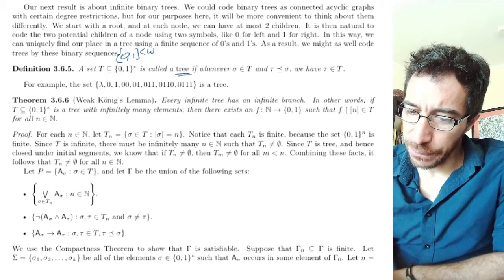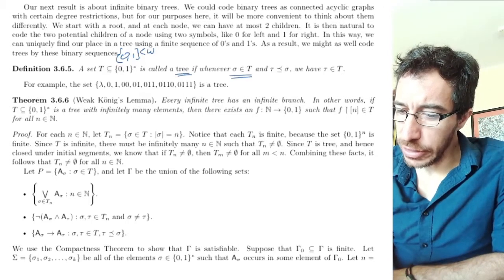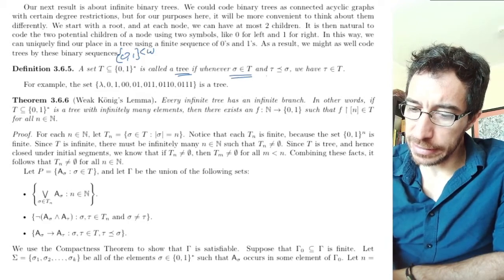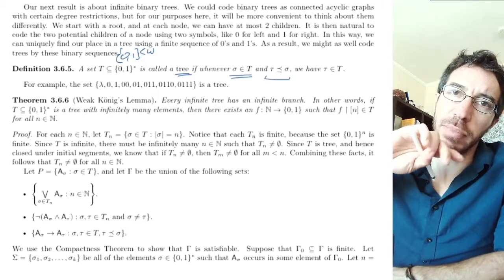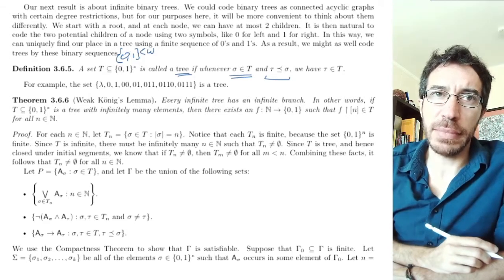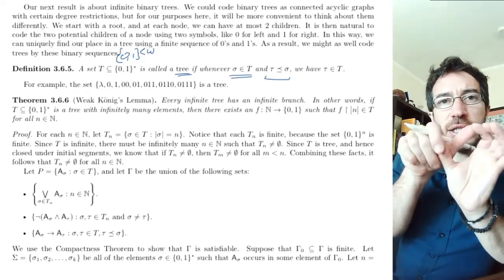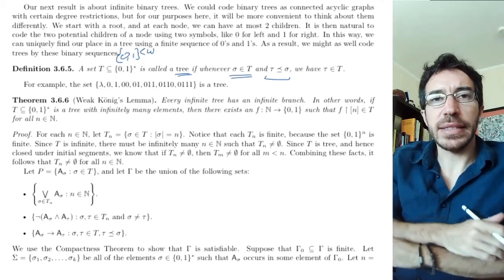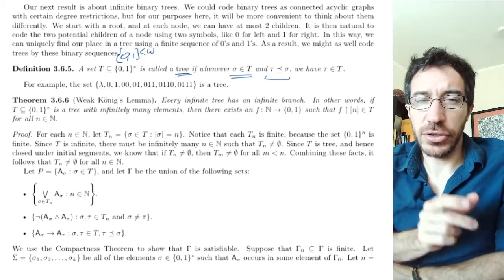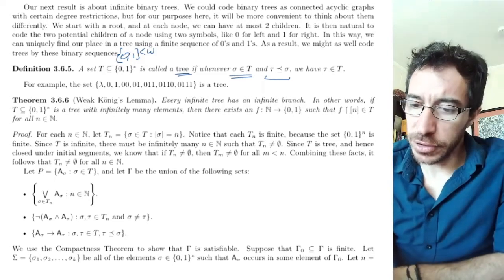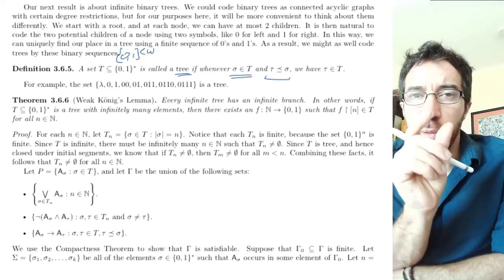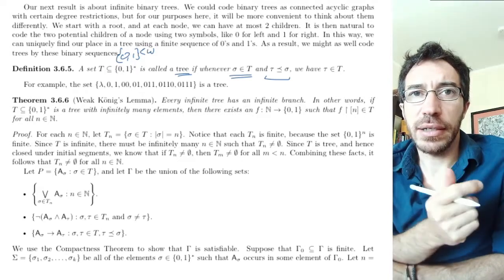Whenever sigma belongs to T and tau is less than or equal to sigma, again, you have to look back in the textbook at what that means. It means there is an initial segment, as a tuple is an initial segment of the other. So it's a substring. The tuple sigma starts with the first few bits being tau.